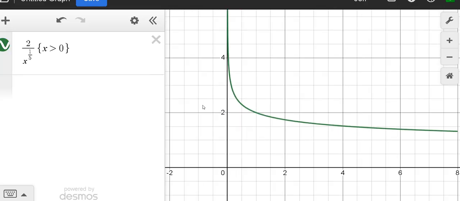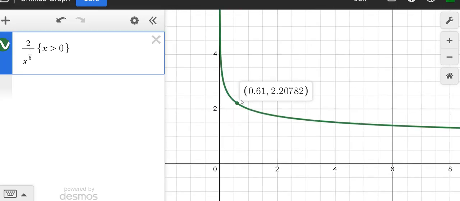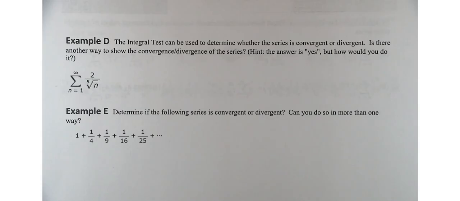So I think it's got everything we want. It's a positive valued function, so its graph lies above the x-axis. It's continuous and decreasing, so it's got everything that I want. I could use the integral test to show that this converges or diverges. But there's an easier way to do this one. It takes about 10 seconds.